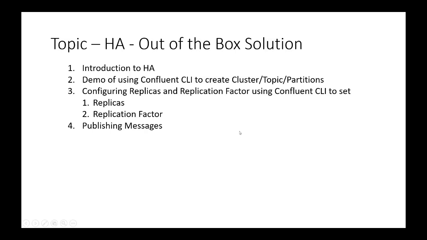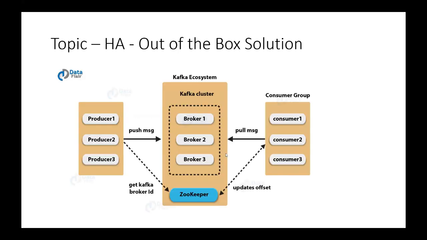Firstly, we'll be demonstrating the out-of-the-box solution of high availability from Kafka. So I'll give an introduction to the key concepts and do a demo of creating clusters, topics, partitions, and messages using the Confluent CLI, and also set some configuration parameters.